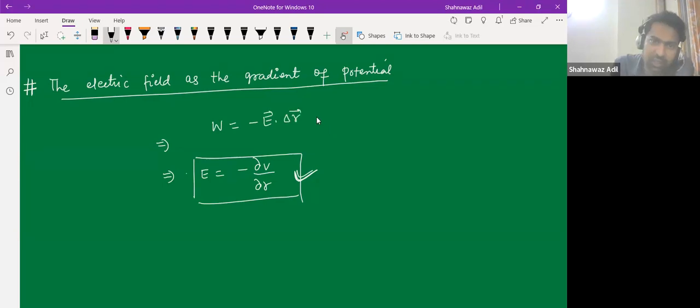Similarly, we know the work done is q times delta V. Delta V is V final minus V initial.